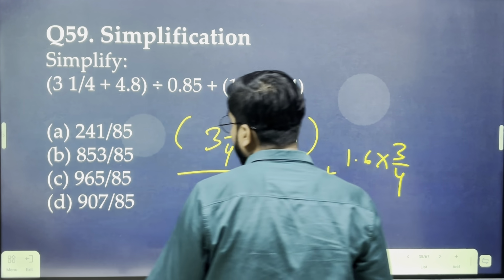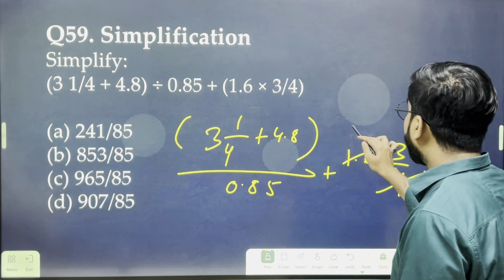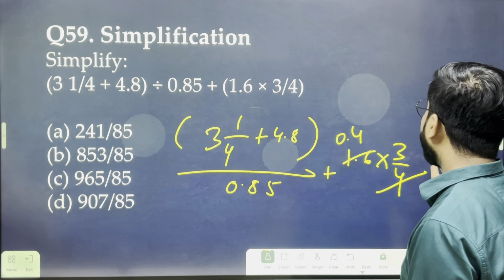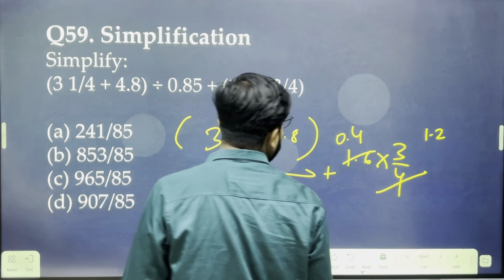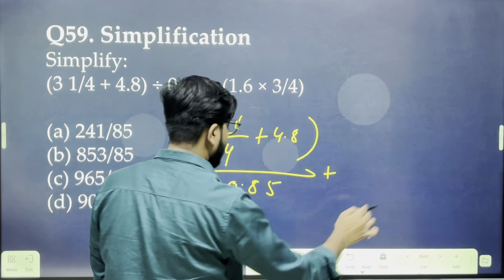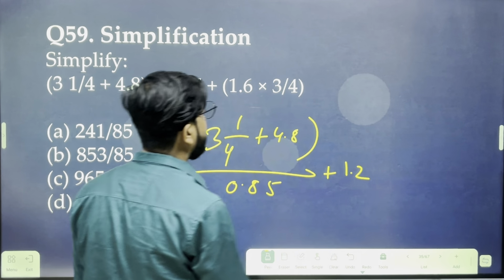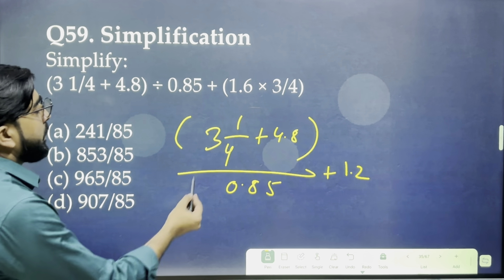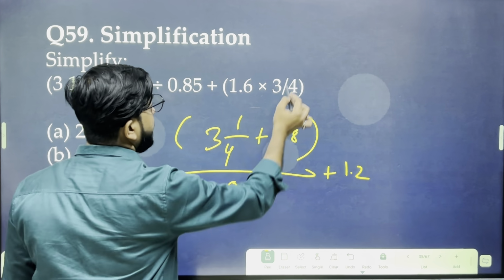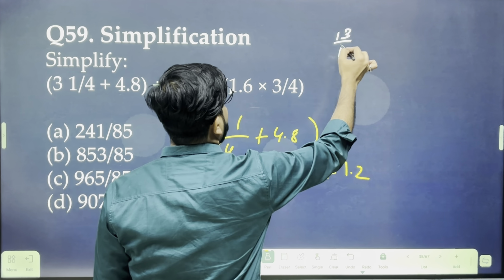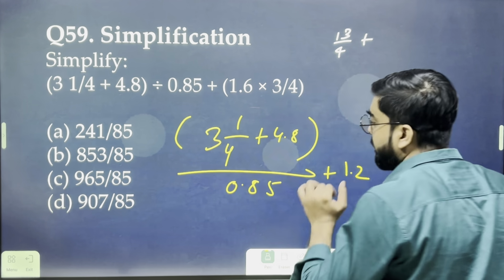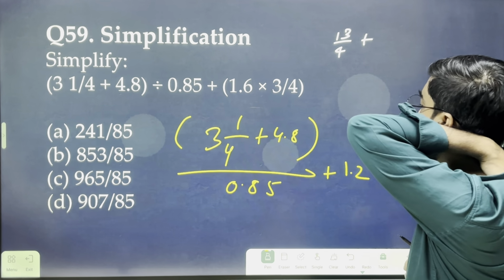So we are not going to solve 85. Simple. 4 fours are 16 and 4 threes are 12. 1.2. Make it in the mind, that is 1.2. So we are going to write this 1.2. Fine. Now that becomes 13 by 4 plus 48. 4.8 means 48.